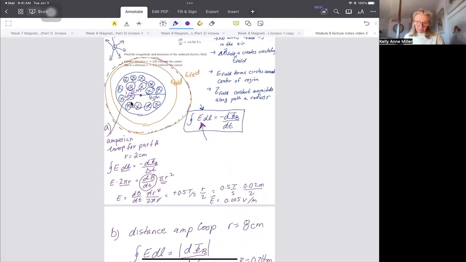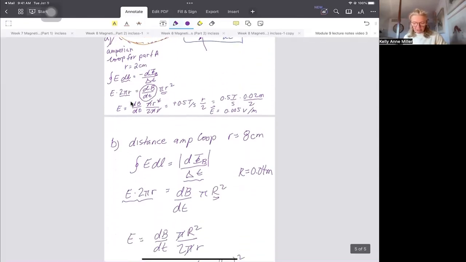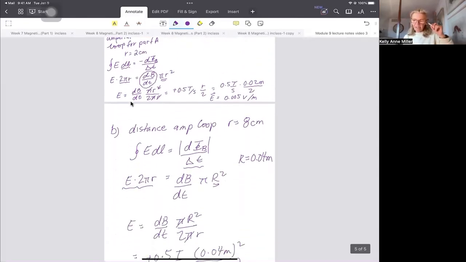And because that region is totally encompassed by a magnetic field, in that case, the R on the left-hand side, the loop side, is the same as the right-hand side, the flux side.